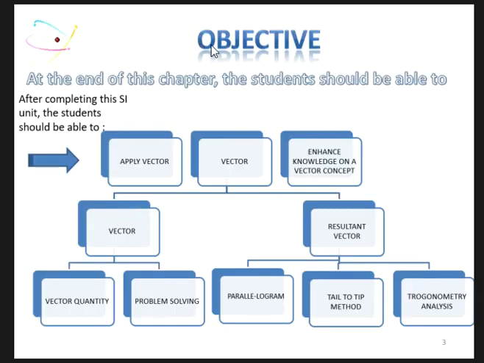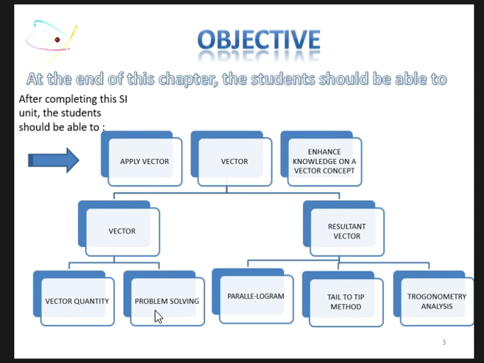Okay, ini adalah objektif dia punya lah. So kita learning objective. After studying this chapter, students will be able to apply vectors, enhance knowledge on vector concept. So tahulah konsep vectors, dia adalah have magnitude and directions. And you know how to calculate the vectors. They have components, x and y axis, horizontal and vertical components.